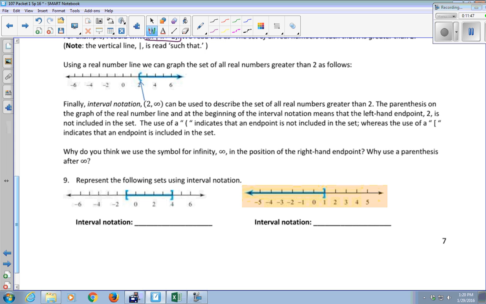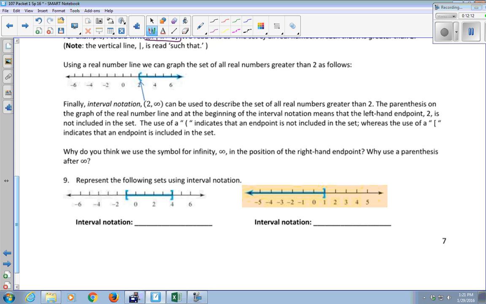Okay, so finally, I can put this in interval notation where I put 2, infinity. That means start at 2 and all the numbers up to infinity are in the set. Again, round brackets mean that you don't include the endpoint. So I don't include the 2 because it's only numbers bigger than 2, not or equal to 2.